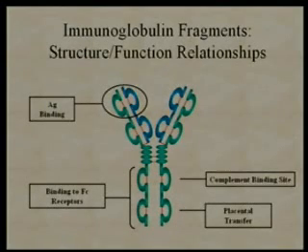Another one of these effector functions is placental transfer. Remember we said that we're not born immunologically competent, that we rely on maternal antibodies. So somehow those antibodies from the mother have got to get into the fetus. And they do so because the FC portion of the molecule, in fact it's the CH3 domain, binds to a receptor on the placental trophoblast and then is transported across the cell from the maternal circulation into the fetal circulation.